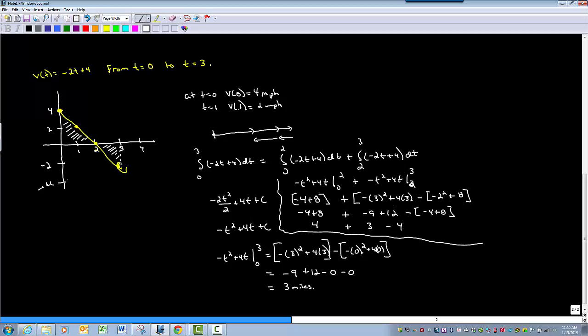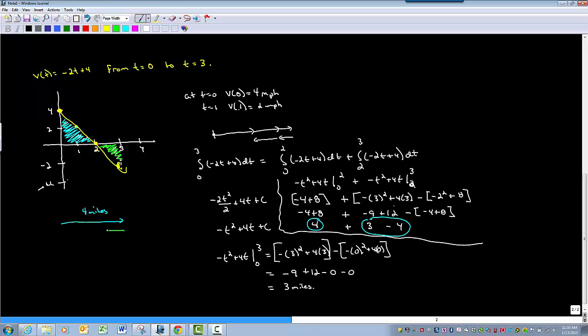Now here's what I want you to notice about these two pieces right here. Between 0 and 2 seconds, this area, we traveled 4 miles. Now, between 2 and 3 seconds, 3 minus 4 is negative 1.